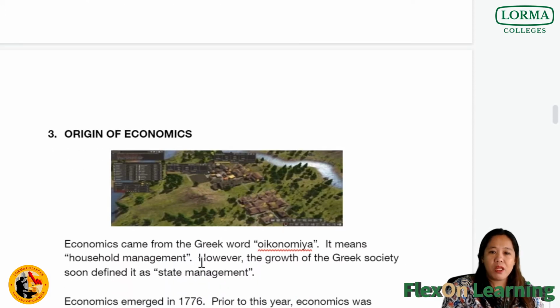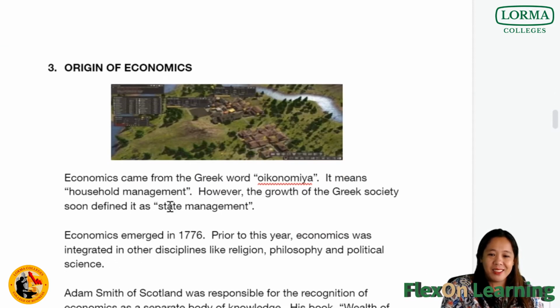Let's proceed with the origin of economics. How did this subject economics come about? Are you aware that your parents didn't have this subject when they were in college? Okay, so economics came from the Greek word oikonomia, and I'm going to tell you, economics also came from an Ilocano term, and the Ilocano term is ekonomiya.